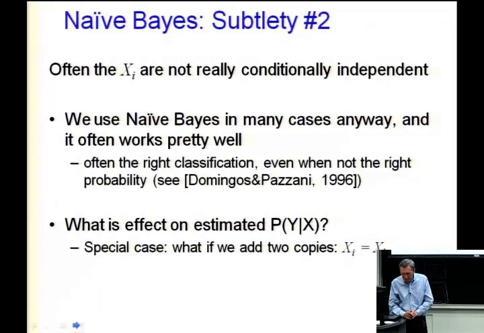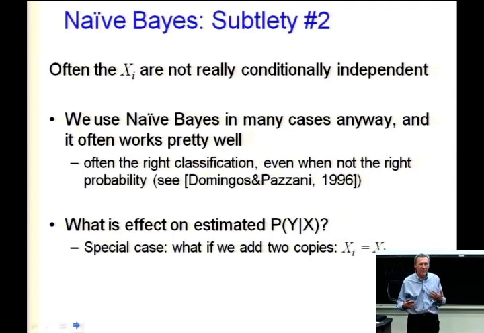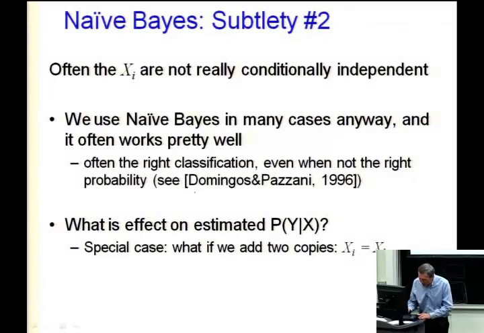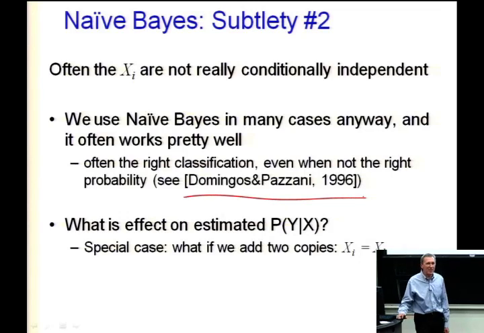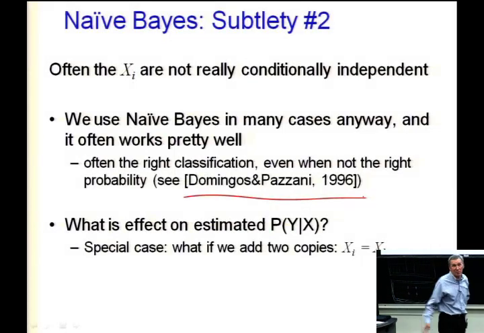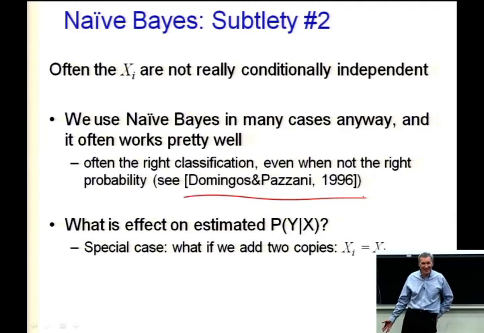So it is a subtlety, and it's not quite clear I can give you a proof of why it works in practice as well as it does. There is an interesting paper by Pedro Domingos and Mike Pisani from several years ago where they look explicitly at the question, why does this work so well on data sets where obviously the variables are not conditionally independent?